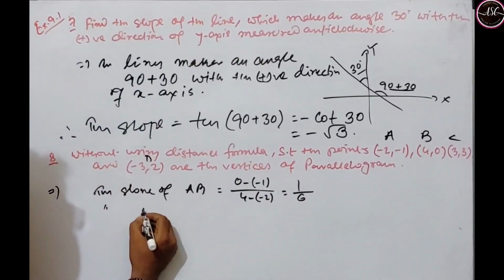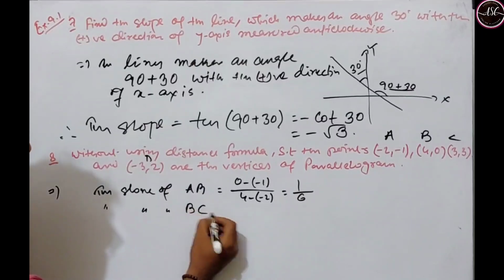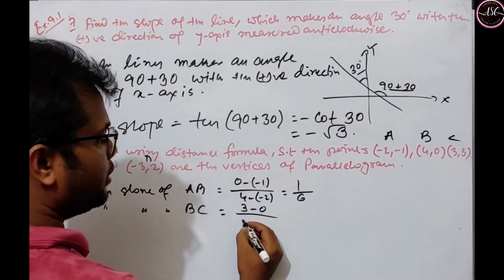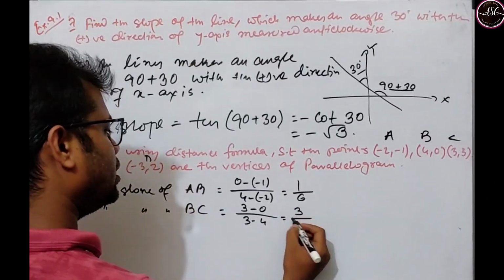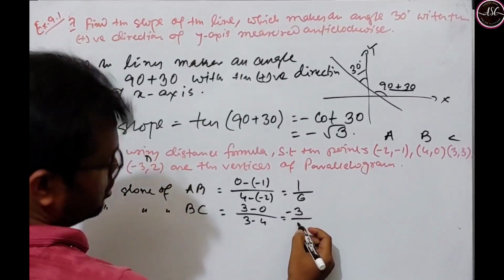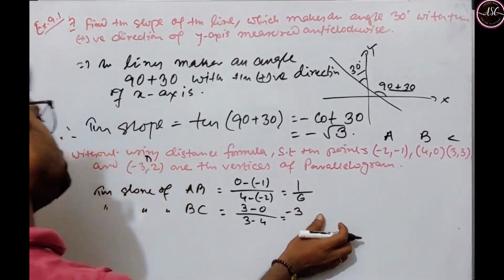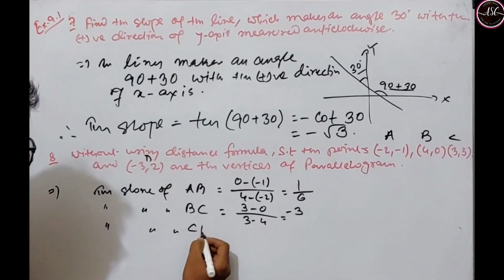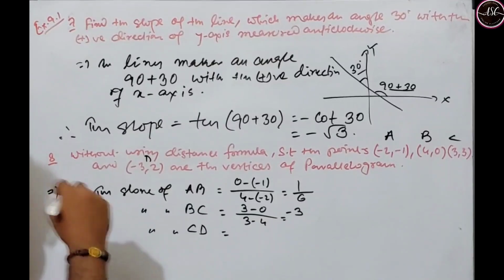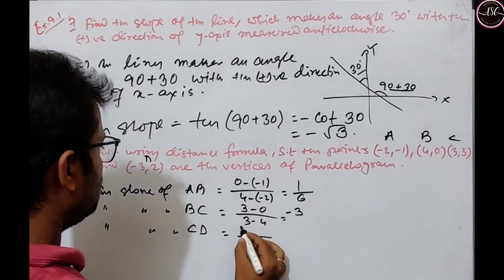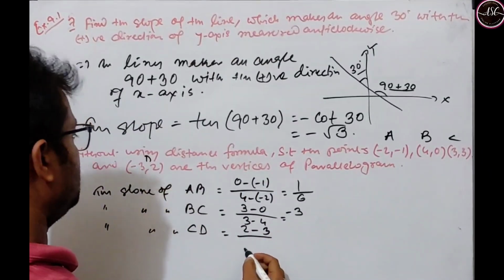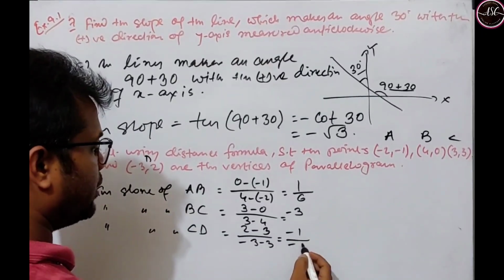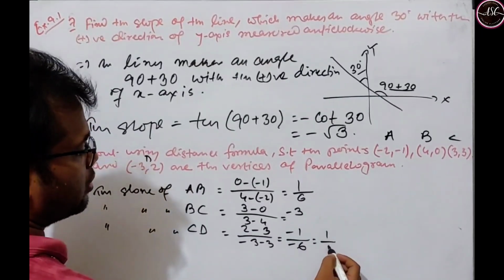The slope of BC equals 3 minus 0 divided by 3 minus 4, that means minus 3. The slope of CD equals 2 minus 3 divided by minus 3 minus 3, that means minus 1 divided by minus 6, that means 1 by 6.